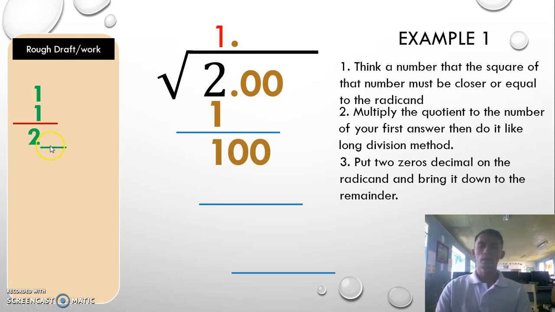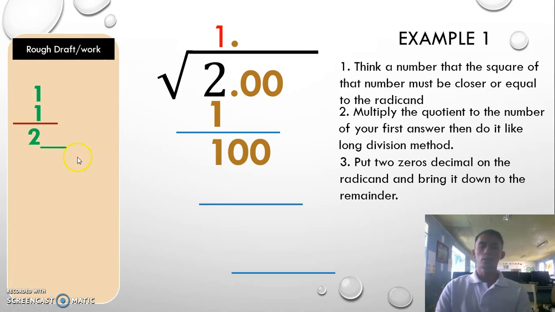If you try 1, 21 times 1, that's far. If you try 2, 22 times 2, you have 44, still far. If you try 4, so 24 times 4.